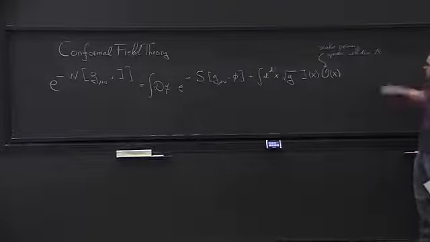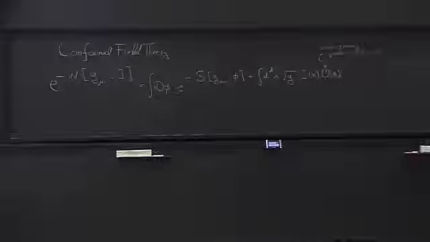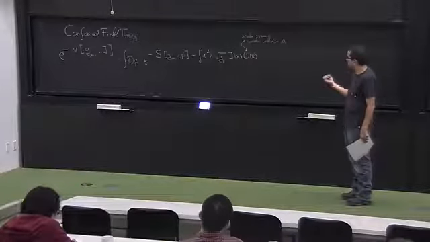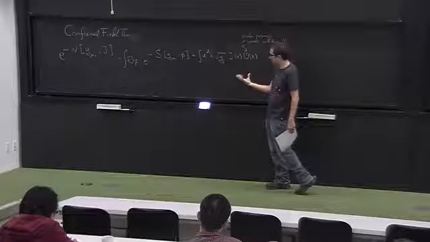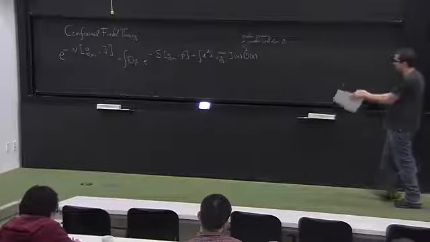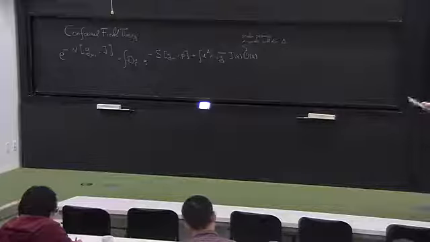So O is an operator with dimension delta. It means that under dilatations, it transforms with a power delta of how much you dilate. How does it react to dilatations?